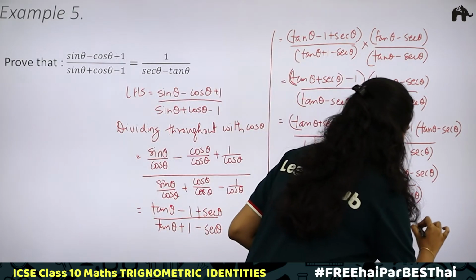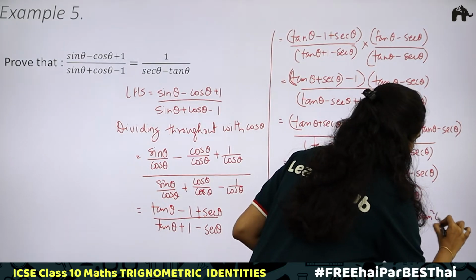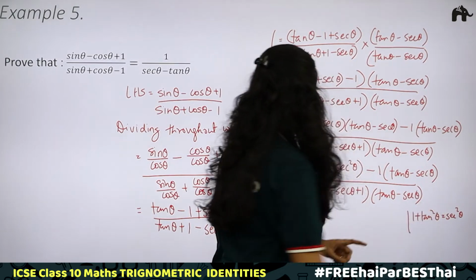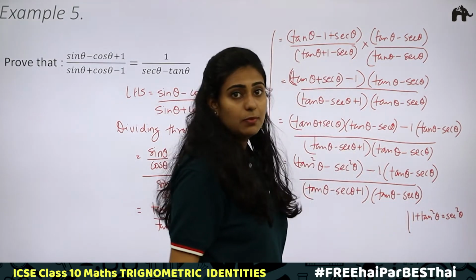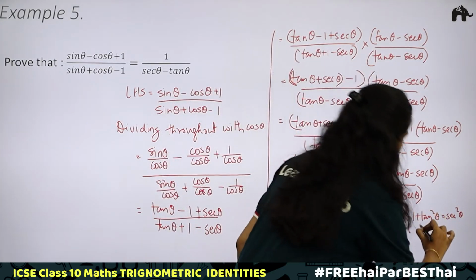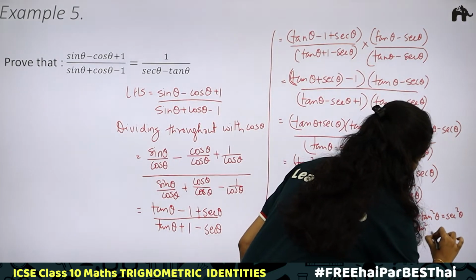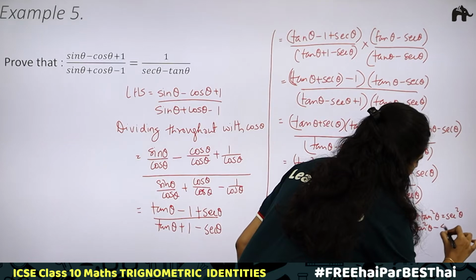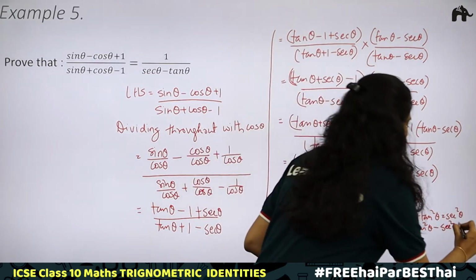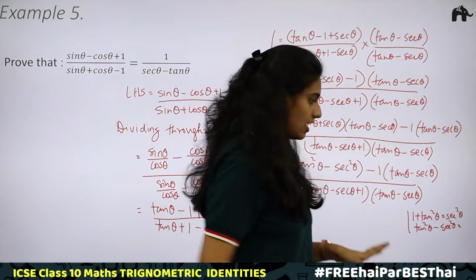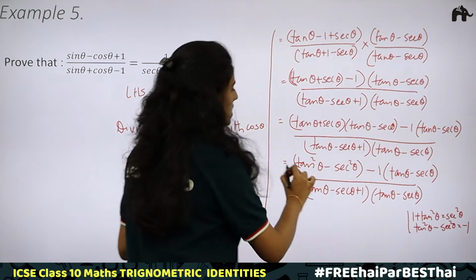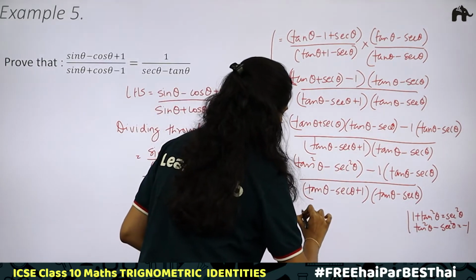We have 1 plus tan square theta is equal to sec square theta, which means sec square theta minus tan square theta will be equal to 1. What about tan square theta minus sec square theta? Here we keep the tan square theta and bring this sec square theta to the left hand side. So minus sec square theta will be equal to, this 1 goes to right hand side, plus 1 becomes minus 1. Okay. So this part we get minus 1.